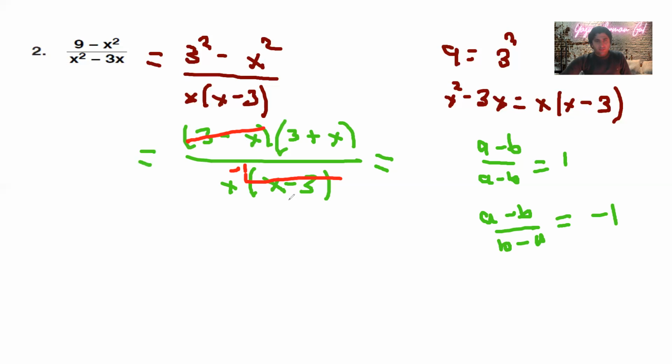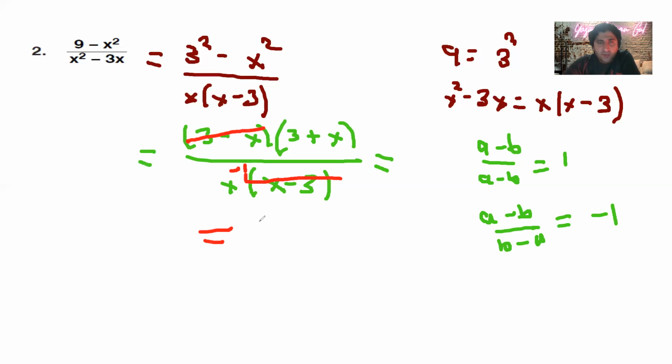So then what happens here? On the top I will have negative 1, and this will cancel out. Here at the bottom, I have negative 1.